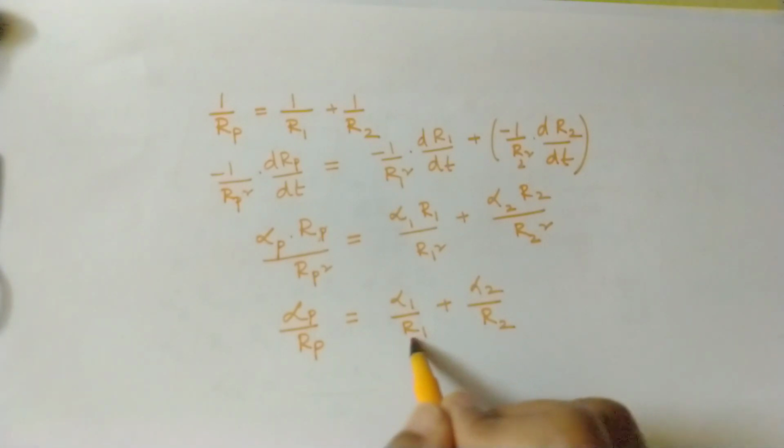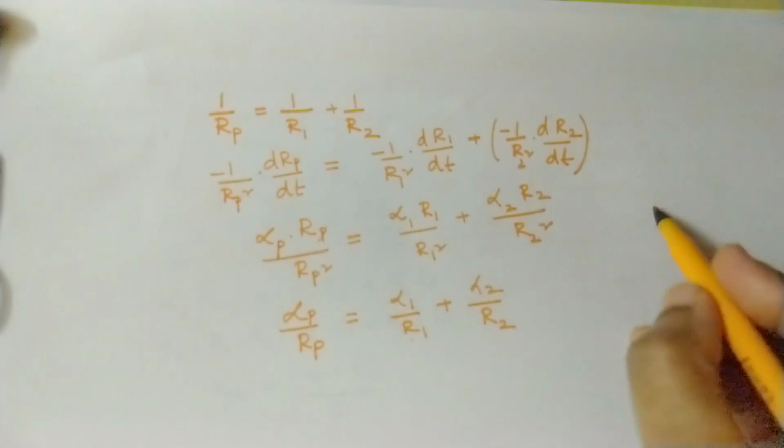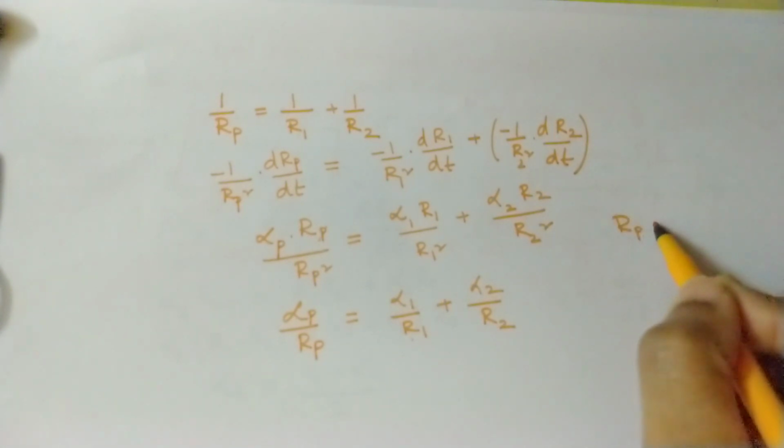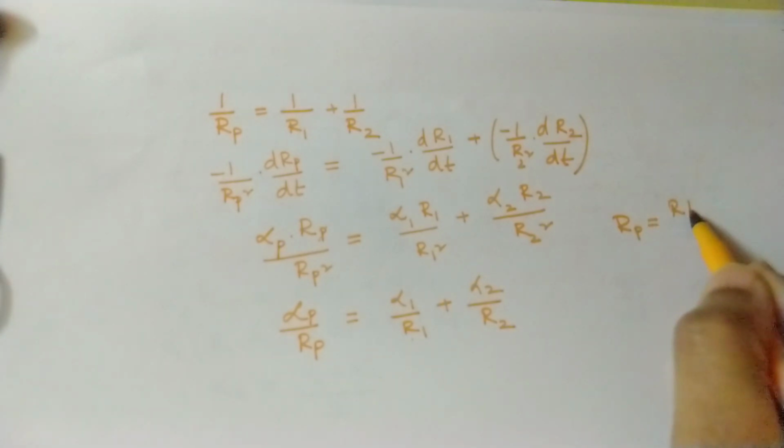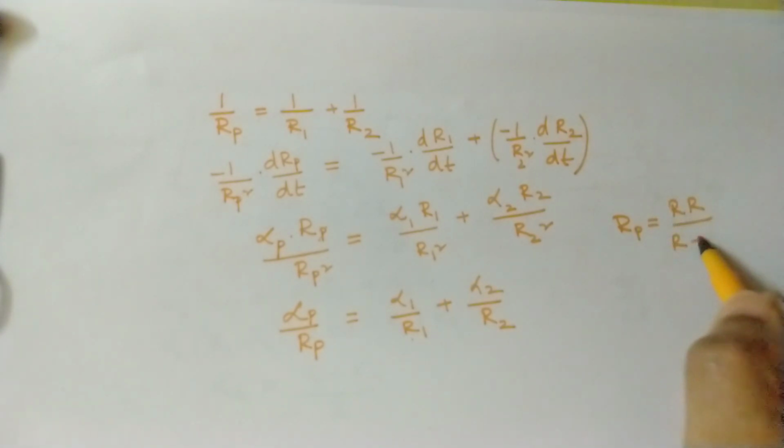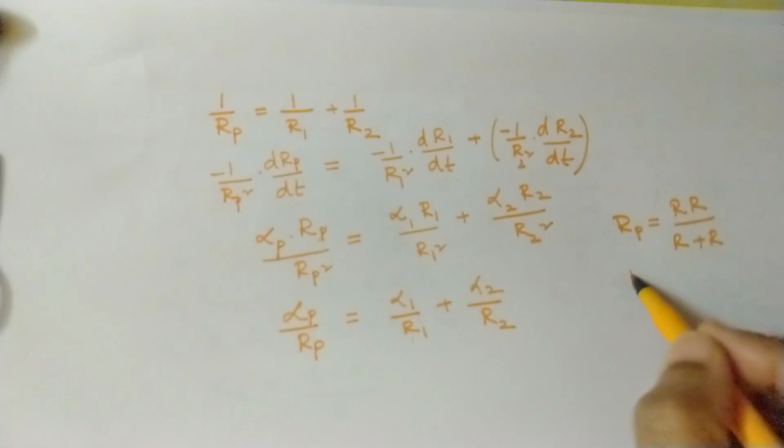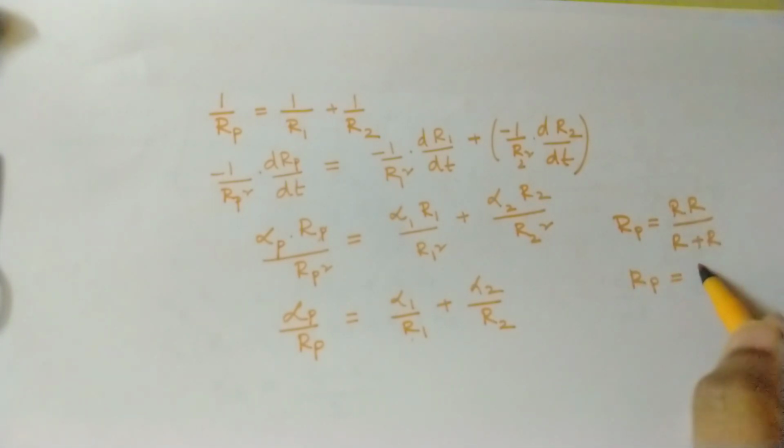Since at 0 degrees R1 and R2 are equal, and we know the parallel combination of resistance will be R1 into R2 by R1 plus R2, since both are equal, I am replacing it as R. So what is the value of Rp equal to? R by 2.